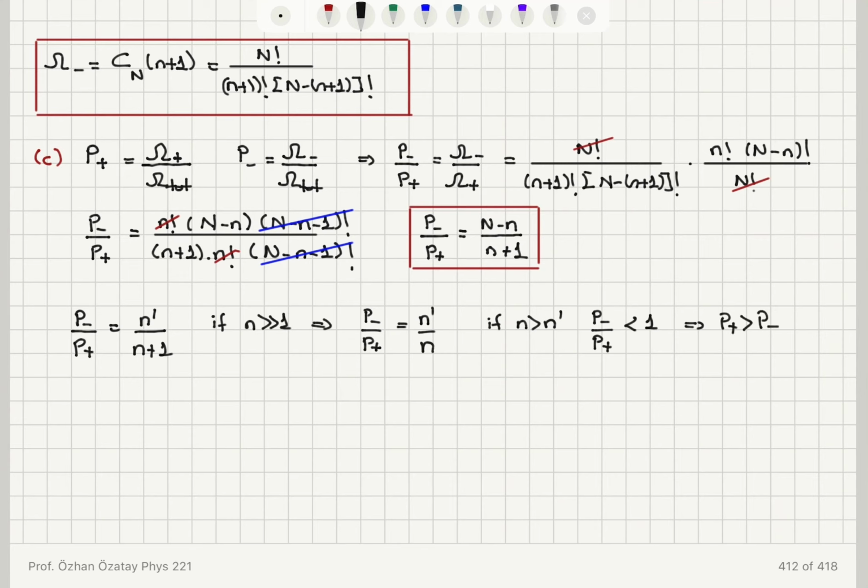So for n greater than n prime, it will be more likely to have a moment pointing up.